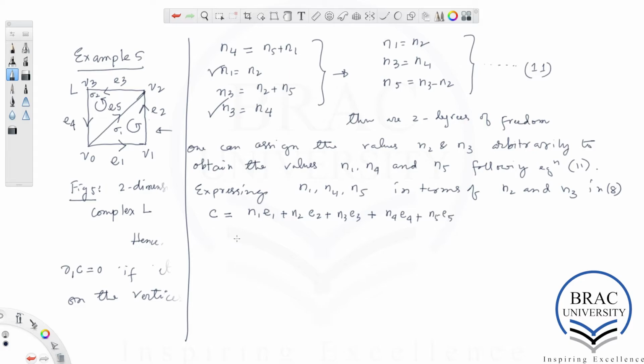Okay, so this reduces to N1 is equal to N2, so N2 E1, and then N2 E2, N3 remains as it is, N3 E3, and N4 is N3, E4, and N5 is N3 minus N2, E5.